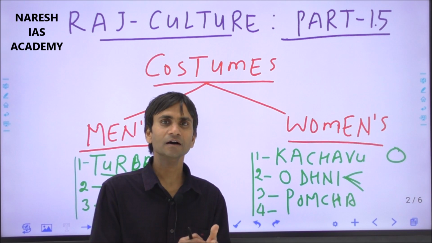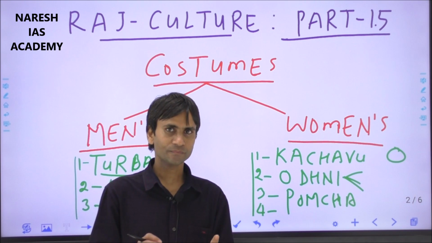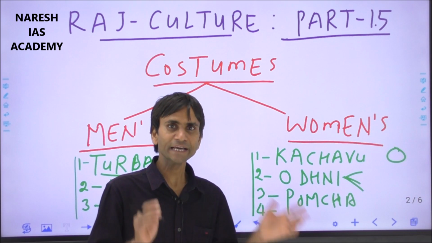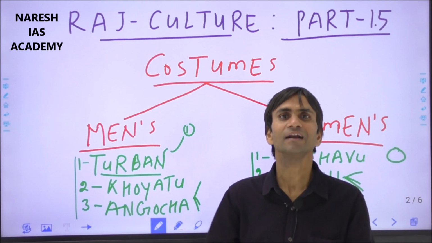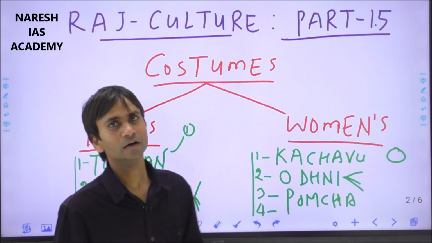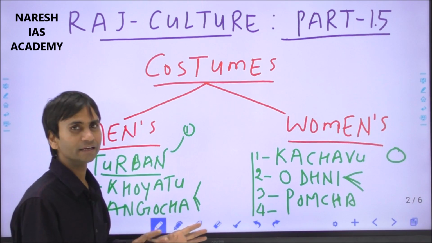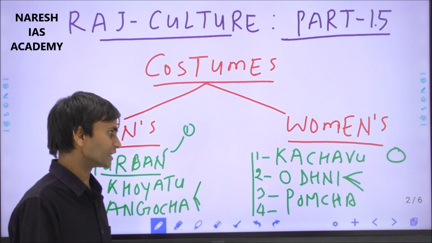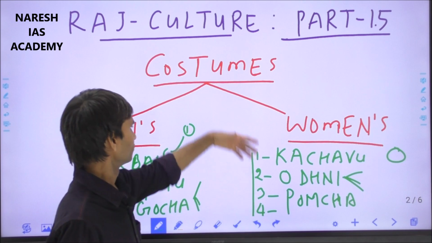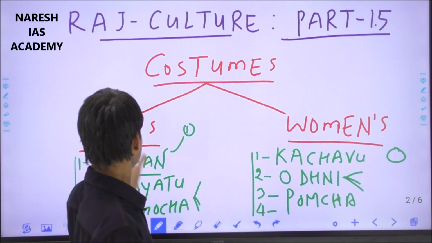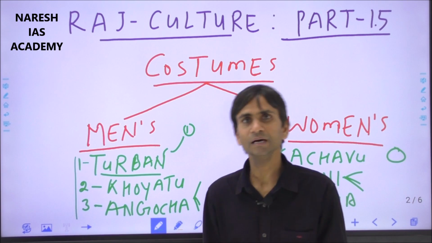The chheet is a kind of odhni in which multiple colors are used for making dotted lines, which is called the chheet, but it is generally kept under the category of the odhnis. So these are the costumes preferred by the women, and the earlier ones are the important costumes preferred by the men.